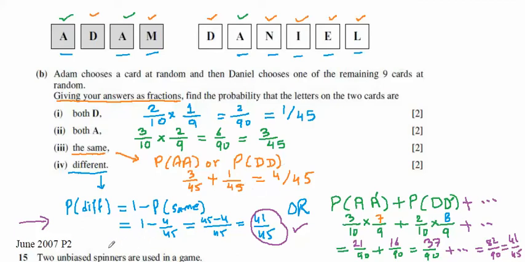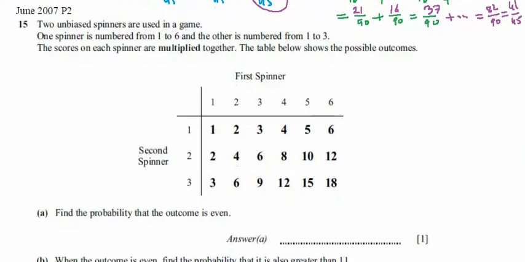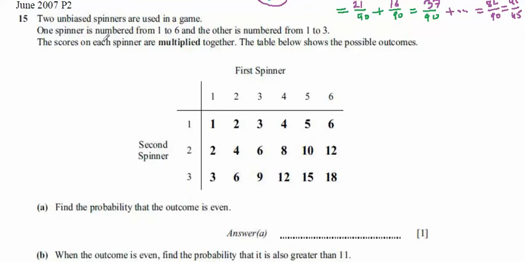Okay, now the next question, which is June 2007, paper 2, question number 15. So here the experiment is that two unbiased spinners are used in a game. Unbiased means that all the outcomes have the same probability. One spinner is numbered from 1 to 6 and the other numbered from 1 to 3.